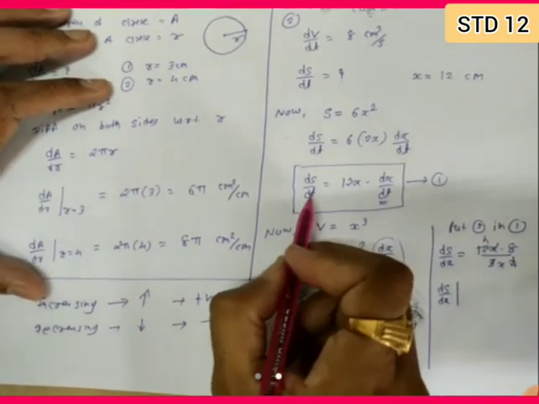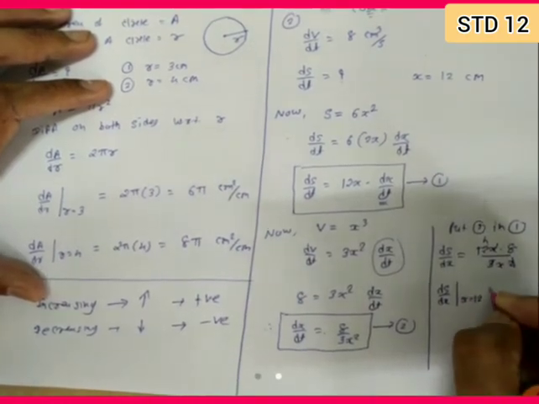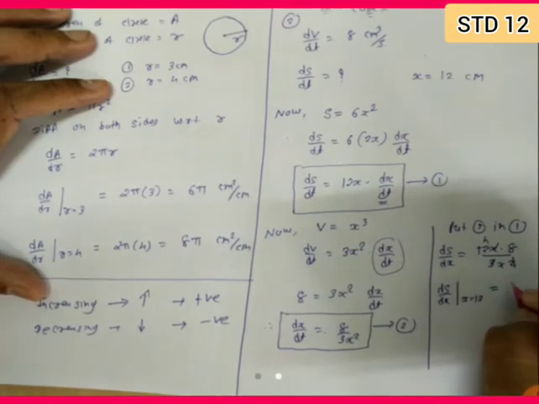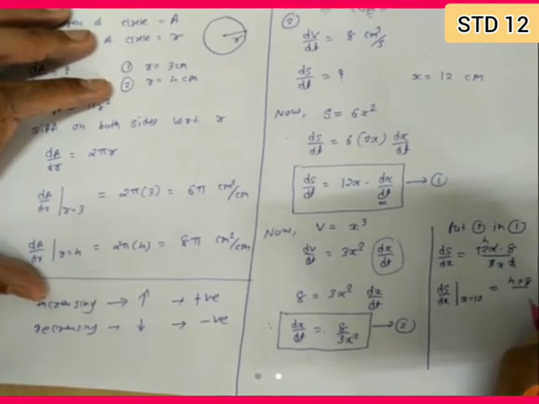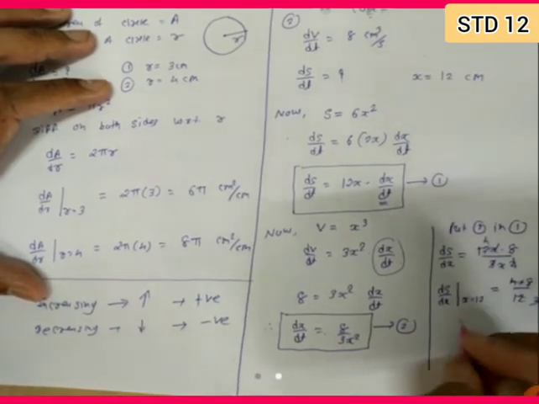Now we have to find the rate of change of surface area at x equal to 12. So put x equal to 12, and therefore our answer is 4 into 8 divided by 12. 4 3s are 12.